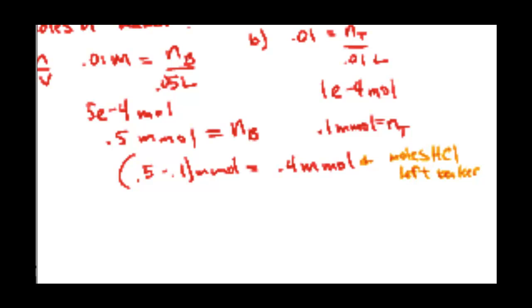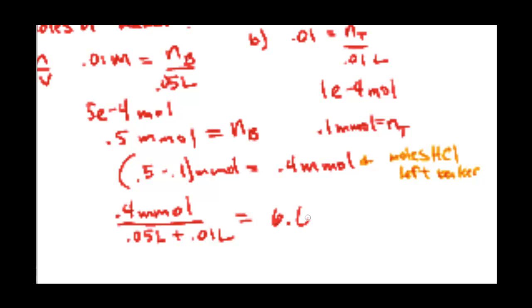Now we take those moles and create a molarity by dividing by the new total volume. So we had 50 milliliters or 0.05 liters, and you added 0.01 liters of your titrant. So we have 0.4 divided by 0.06 gives you 6.6.